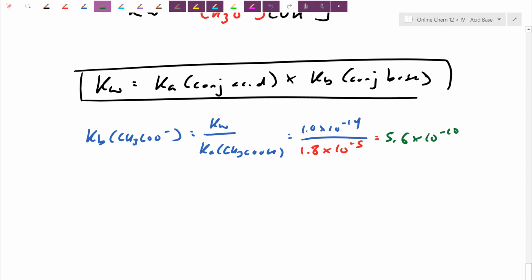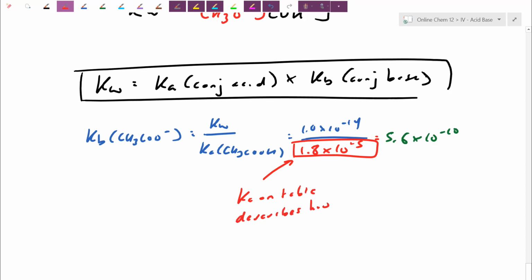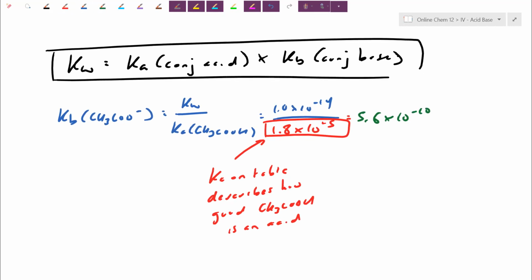Let me write this in words for you. This Ka value on the table describes how good our acetic acid is as an acid. What I found here by going Kw divided by Ka, this Kb, is not on the table.